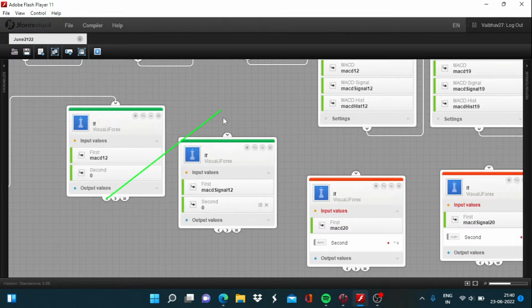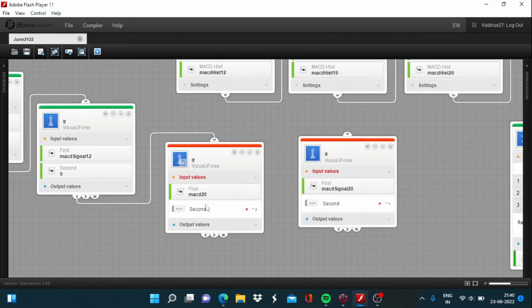First input less than second input. Here also first input less than second input. Again, first input less than second input.